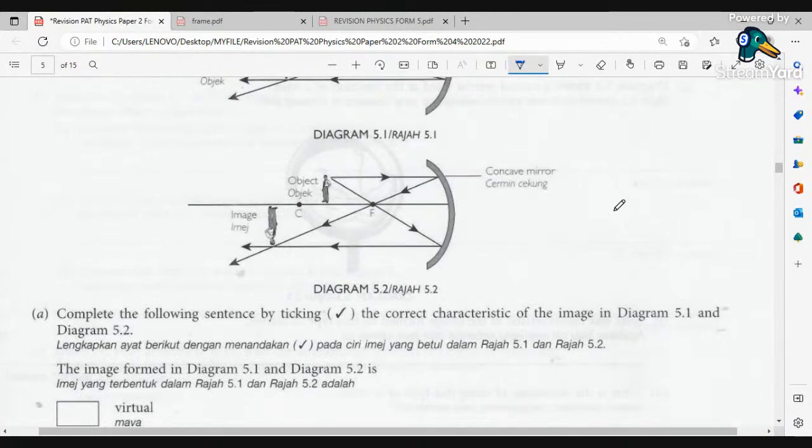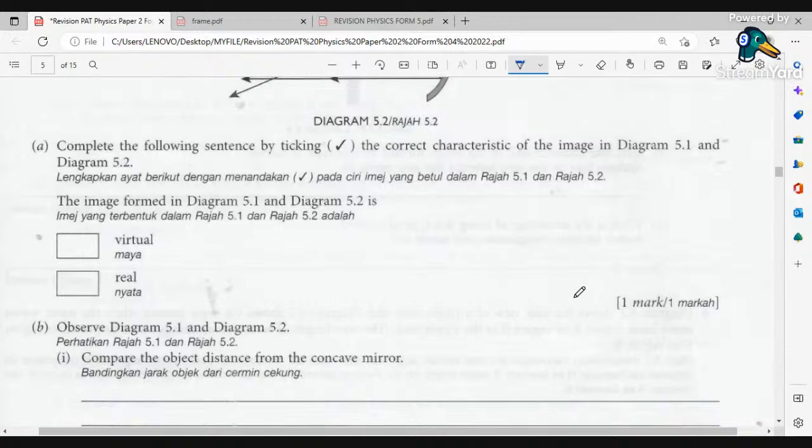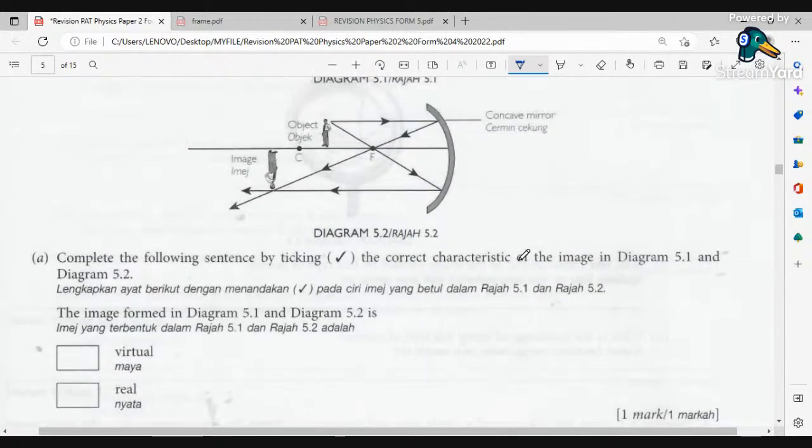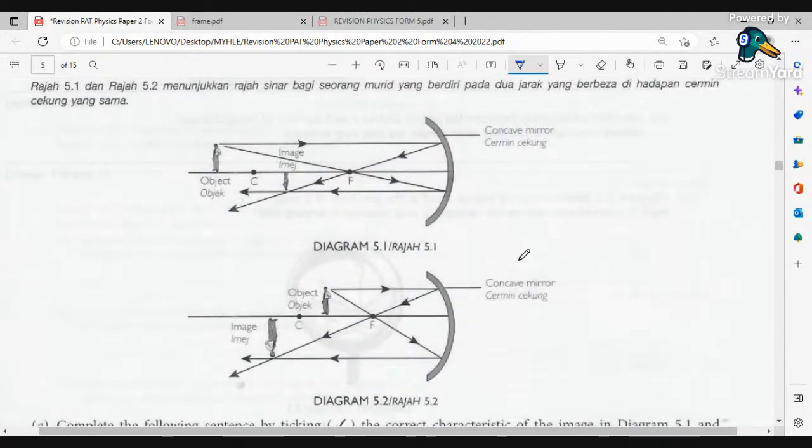Complete the following sentence by ticking the correct characteristic of image in 5.1 and 5.2. Image form in 5.1, 5.2 is, okay, for mirror, it applies a concept of reflection. So light, okay, propagate to the concave mirror, it reflected. So normally for reflection, we put screen in front of the mirror.